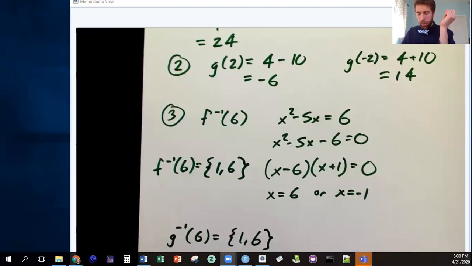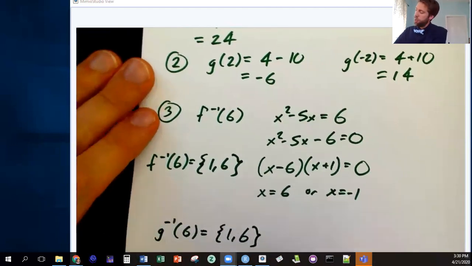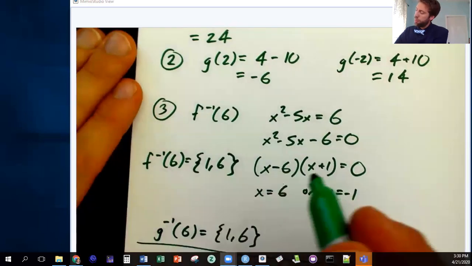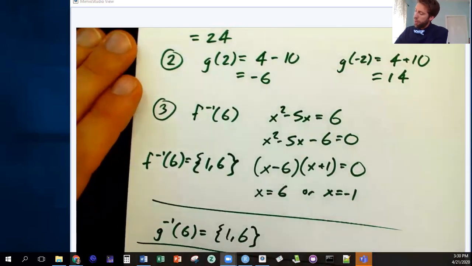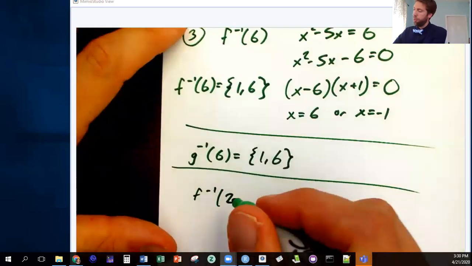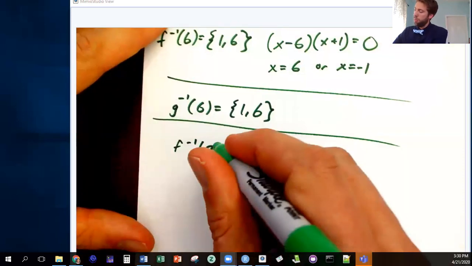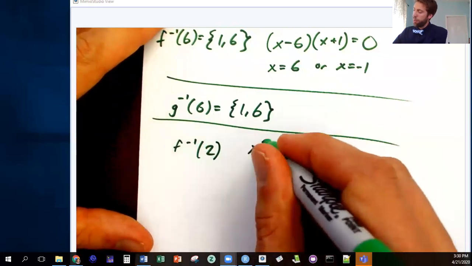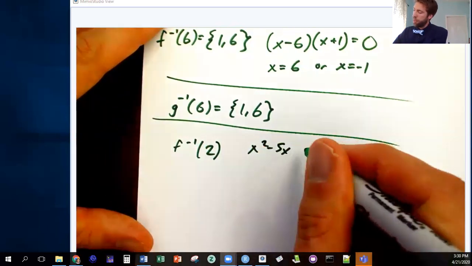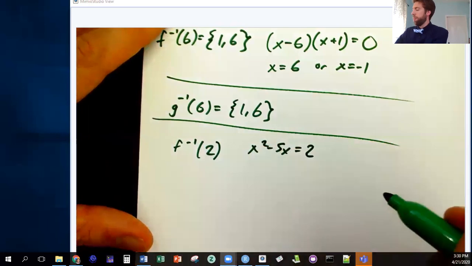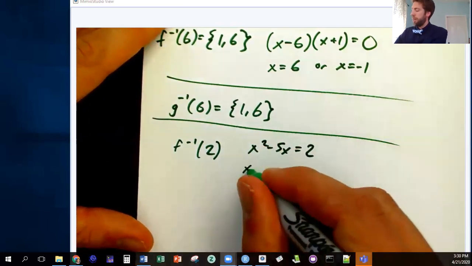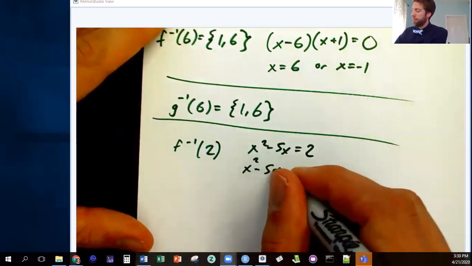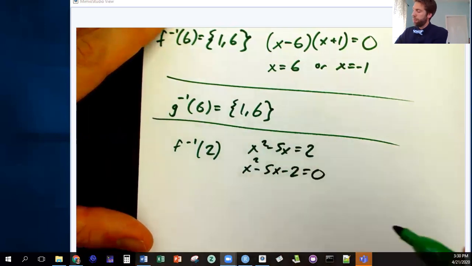And now let's find all the preimages of 2 for the function f. So if I have f inverse of 2, let's do it so you can see. Then I solve x squared minus 5x equals 2. Okay, so then x squared minus 5x minus 2 equals 0.